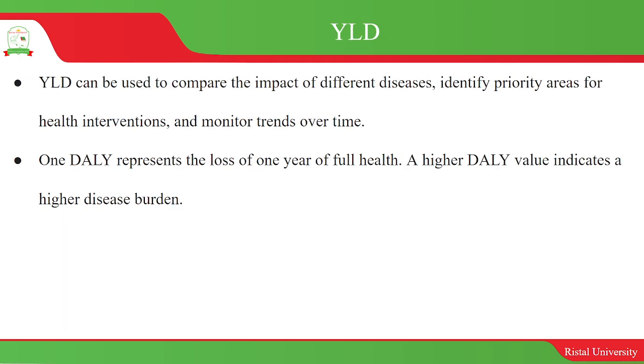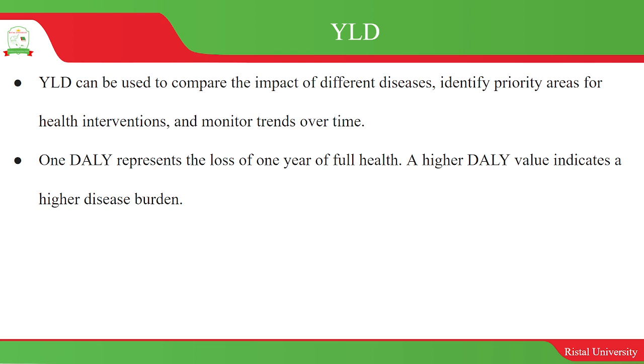So the importance of years lived with disability is that it allows us to compare the impact of different diseases. You can have different figures for different diseases, and then you'll be able to know that people who suffer from these conditions carry a lot of burden compared to this disease or the other disease.